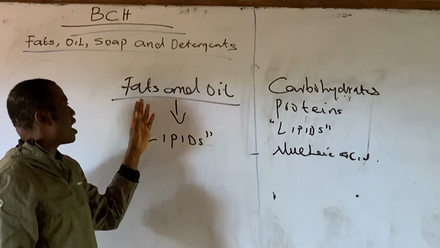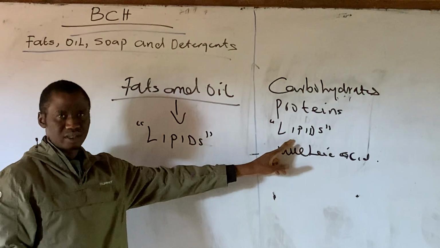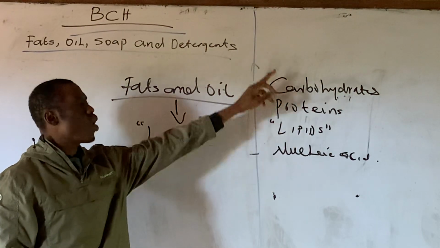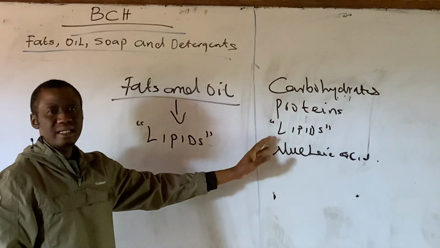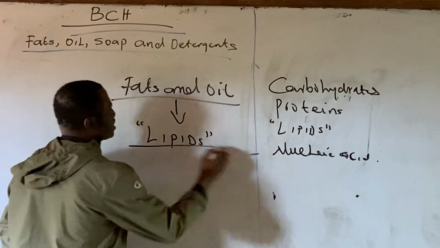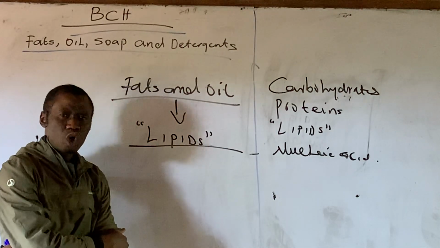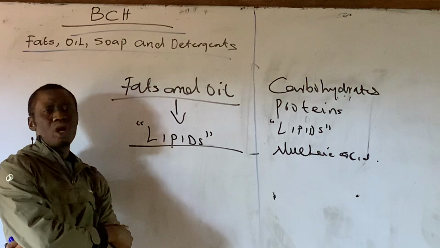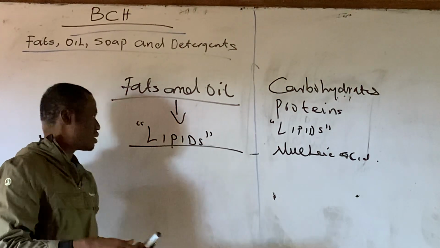And we find out that fat and oil is a derivative from lipids, and that lipids is one of the biological molecules or compounds that is studied in biochemistry. So the next thing to look at is what are the features or the characteristics of the biological molecules we call lipids. Take note of this.